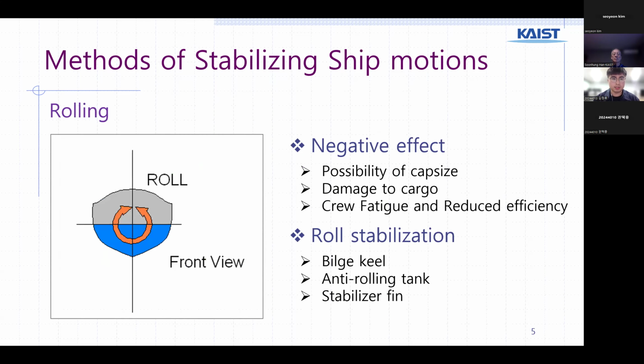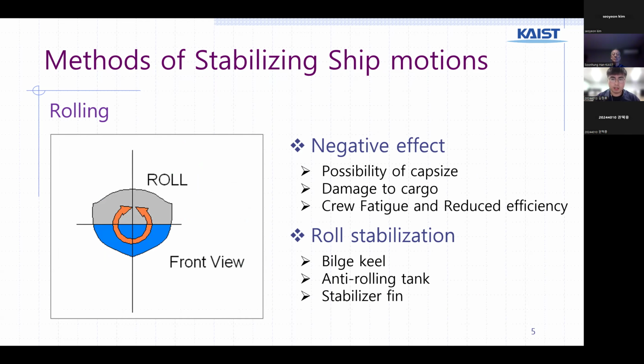First is rolling. Rolling is when the ship rocks side to side along its longitudinal axis, like that. This is mainly caused by waves hitting the ship.